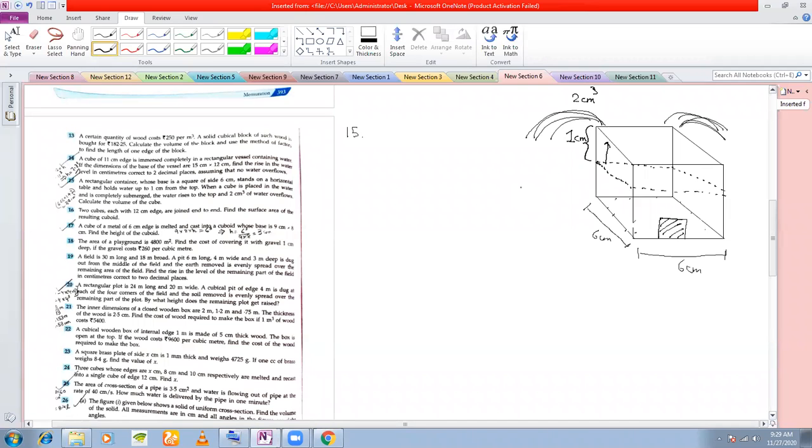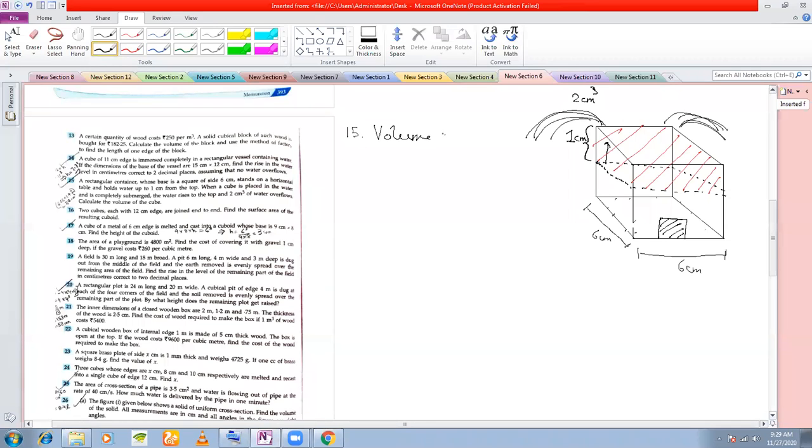Now what should be the volume of the cube? Clearly, the volume of the cube must be equal to the volume of the displaced water, right? Displaced water means water that is rising, this cuboidal column of water that you have. This is the volume of water that rises, right? And how much volume of water overflows? 2 centimeter cube. So therefore, this is a one line problem.